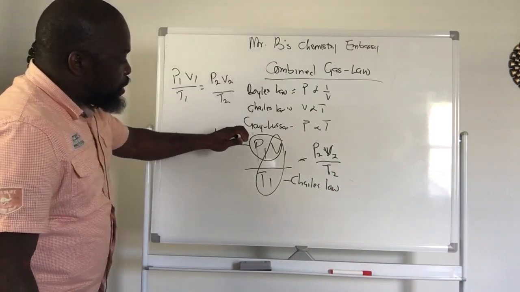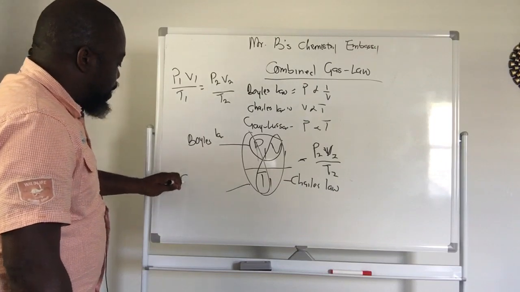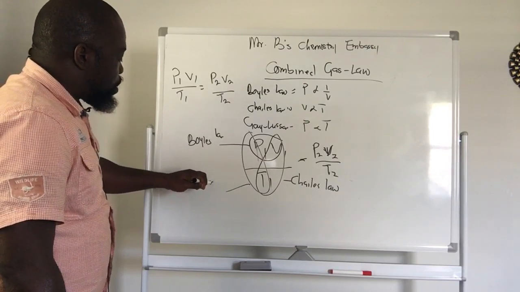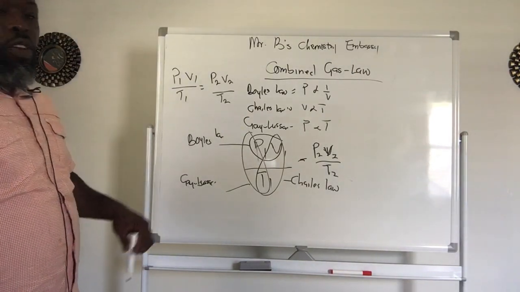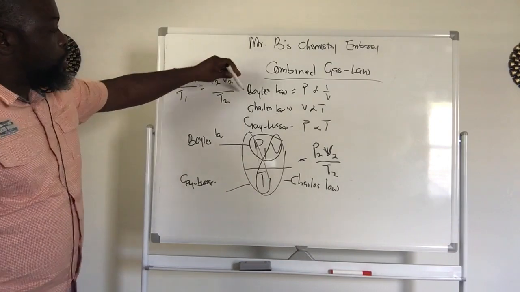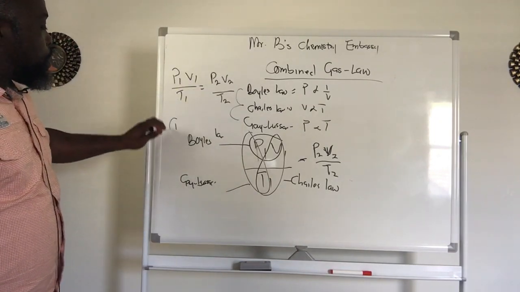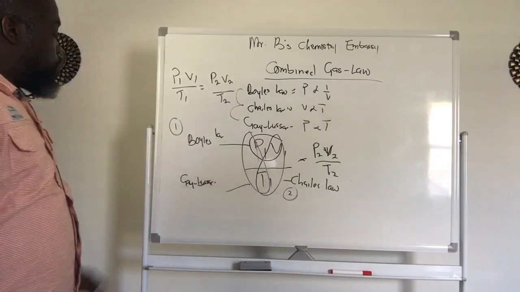So when we circle this out carefully, we will see that this is my Gay-Lussac's law. So you could see that the combined gas law combines these three laws. Number one is Boyle's, 2 is Charles', and 3 is Gay-Lussac's.